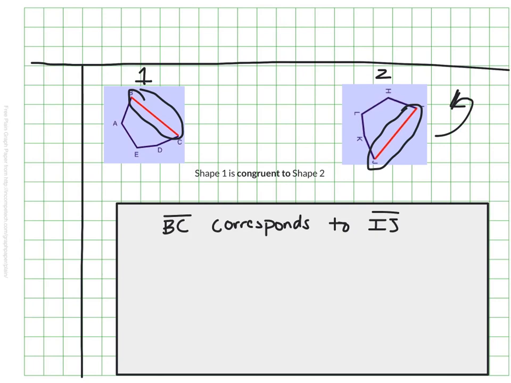So I know that there's another side here, BA. We're going to see what that corresponds to. We have AE, we have ED, and I'm just listing off the sides here, and DC, right? So the task is to figure out what side corresponds in our second triangle to these sides on our first triangle.